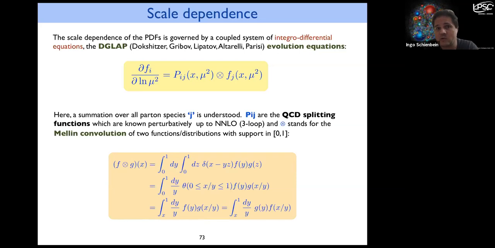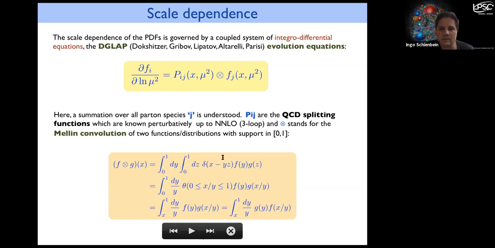So we have up to 13 parton flavors, depending on the energy scale. And here this convolution, to make it precise, is this Mellin convolution, which is defined here in different ways. The upper form is very useful to see that F convoluted with G is the same as G convoluted with F, so it's symmetric.